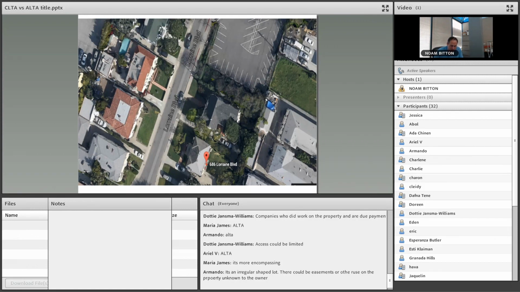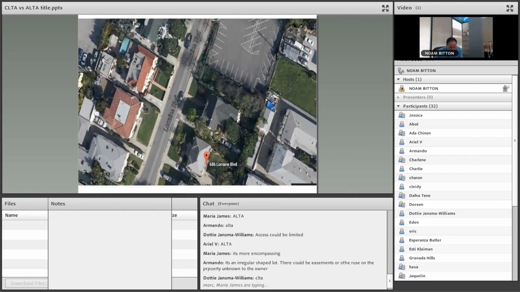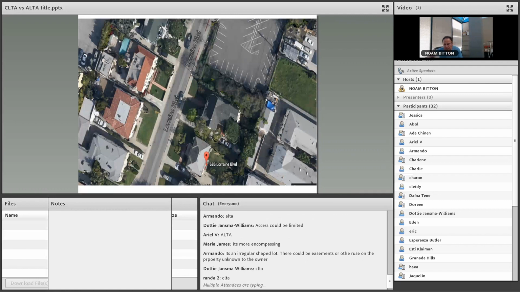This is a beautiful old town street, all American town street. Okay, what's usually going to be here? Guys, wake up! I don't have time. I have 2 minutes. CLTA, very good, Dottie.